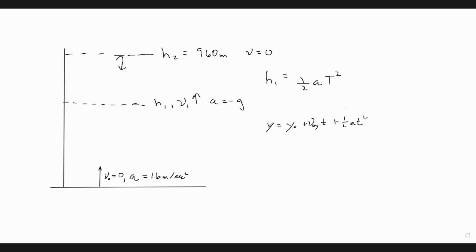Well, y is h1, y0 is 0, v0 in the y direction is 0. And what is the time? Well, the time is given to you as capital T, and that's what you're trying to find. So that's our first equation based on the kinematics.